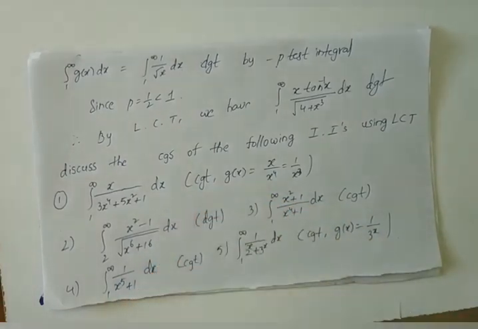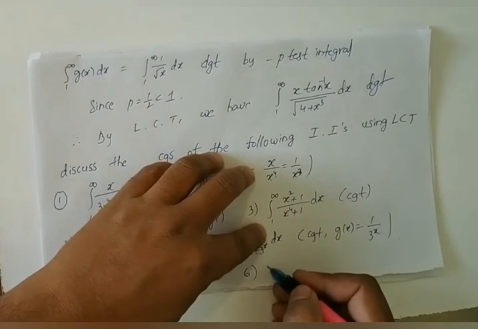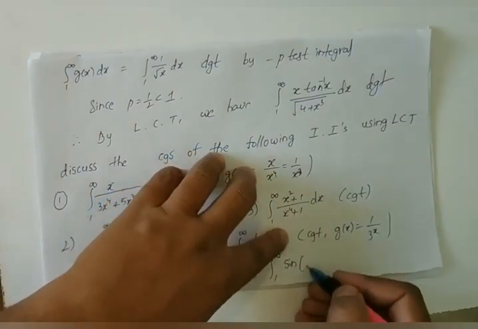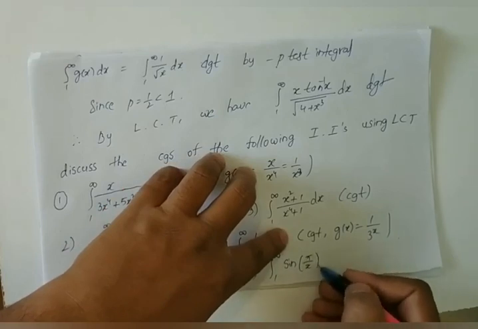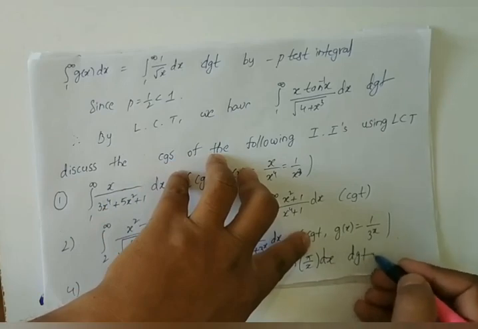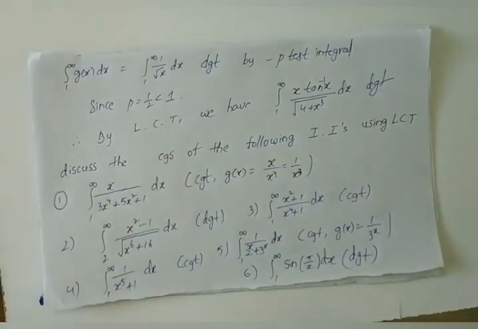That's all. g of x is equal to 1 by 3 power x. Clear? Next, sixth one. Integral from 1 to infinity sine pi by x dx. This is divergent. Please do it, students. Very simple problems.